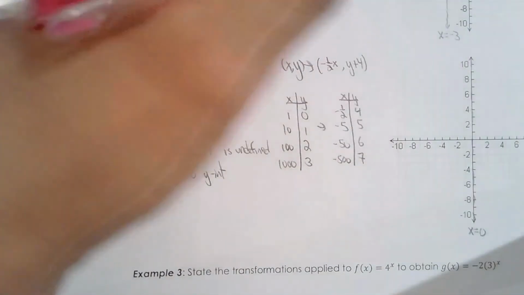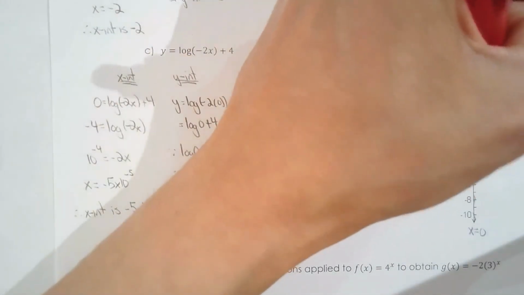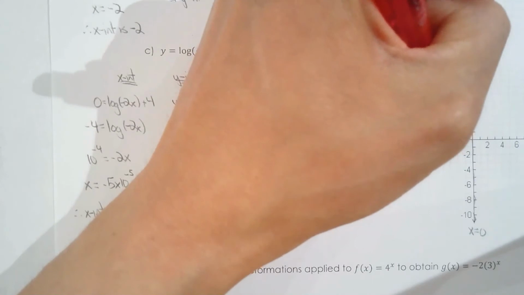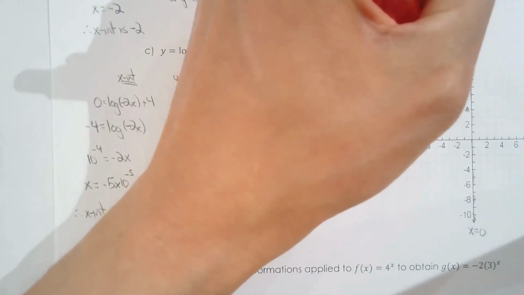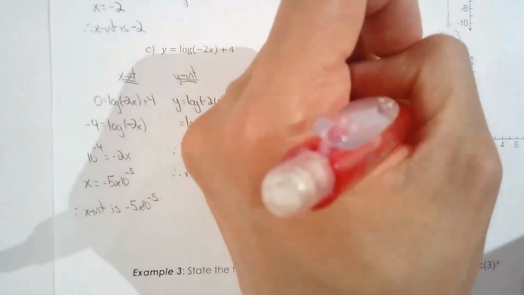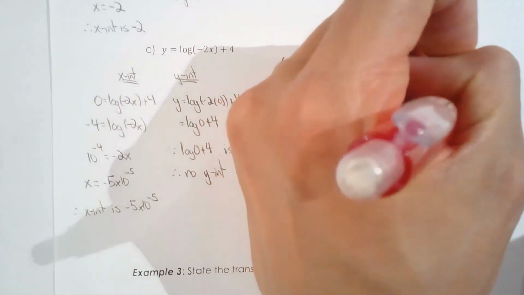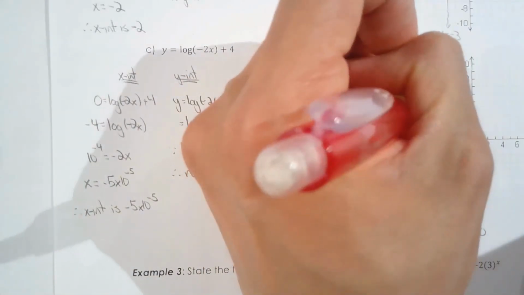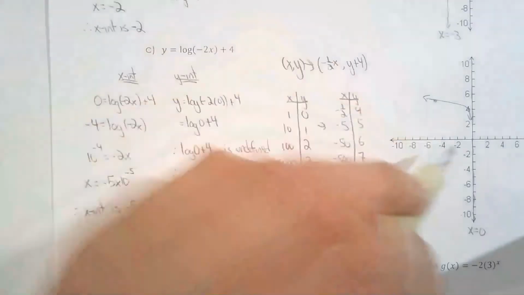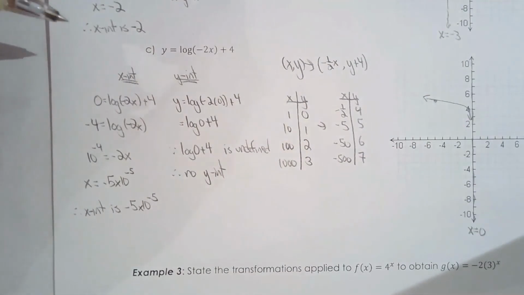Plot what I can, -½, 4, oops, wrong way, -½, 4, -5, 5. Okay, I can get those 2 points, no problem. That point wasn't very good. I didn't really pass through nicely, but it'll do for now.